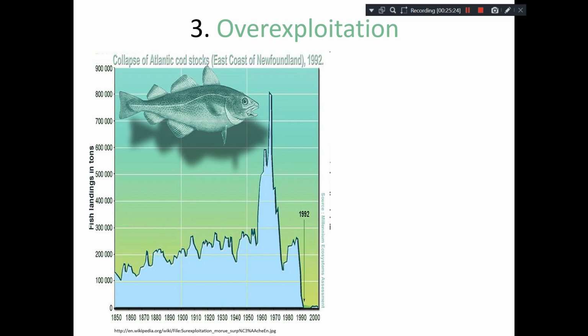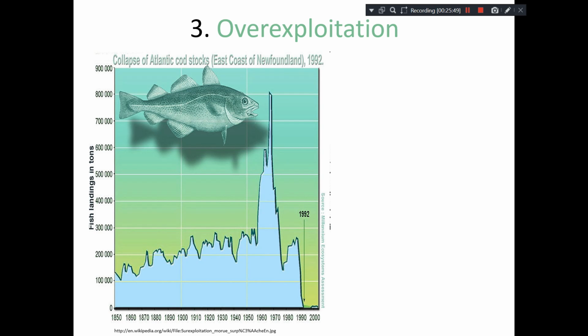Even when you declare a fishing holiday in the months of June and July, people venture into the ocean and collect them. And even there, the mesh size of the net has become so small that even juvenile fishes are caught. All of this is what you call overexploitation.